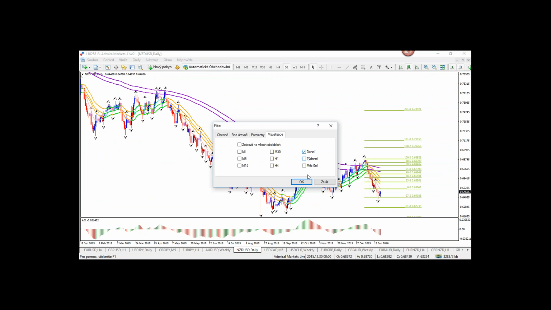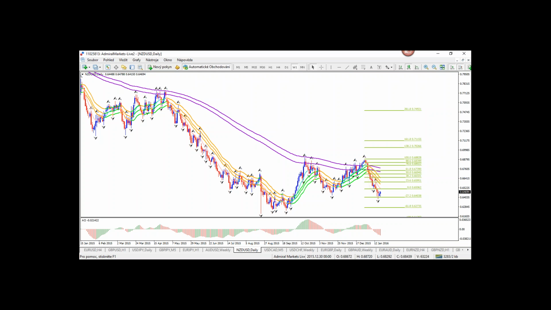There we go. So we got a good break of various support trend lines like this one and this one. Bit of a double top and price moving down pretty quickly.